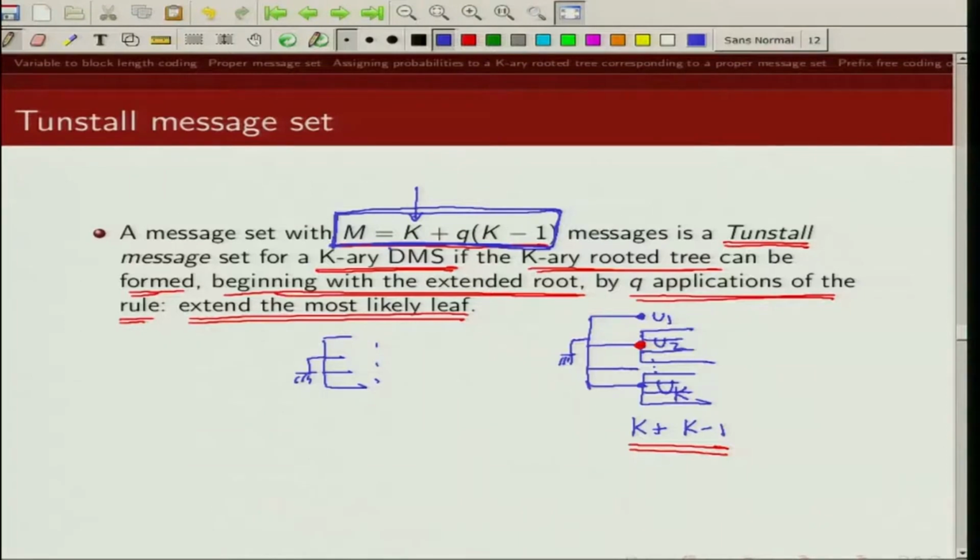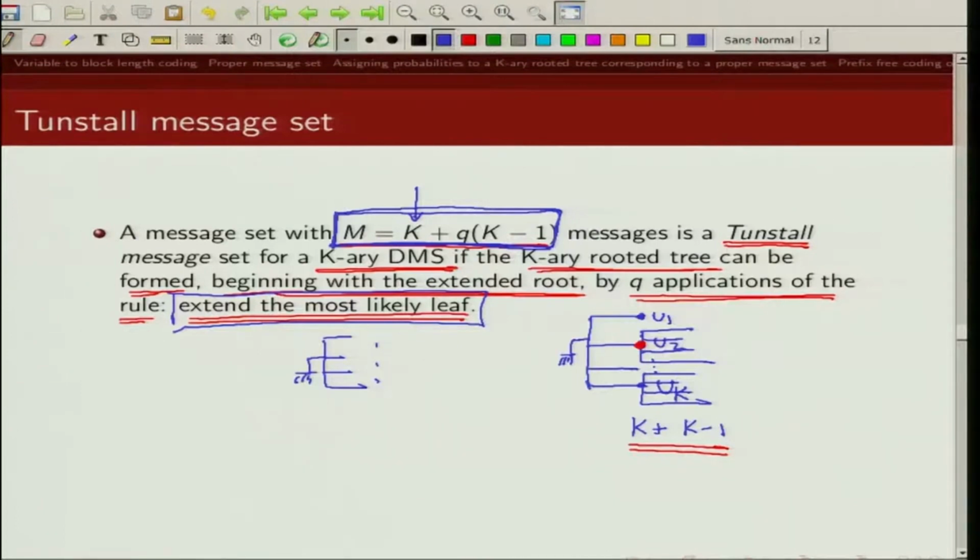What I am saying is this proper message set is going to be a Tunstall message set only if you follow this rule: each time you extend a leaf, you extend the most likely leaf. If you do that, then that's a proper message set.